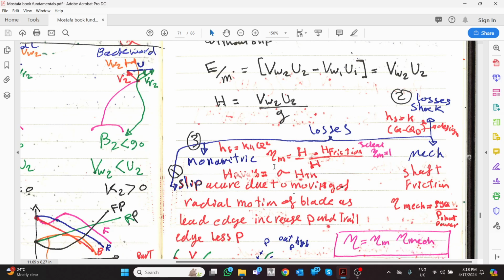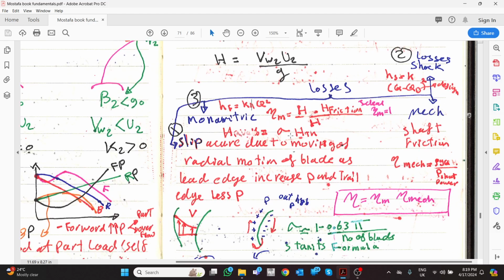We're going to discuss what the slip factor is. So this one is the H theoretical. This is the first loss, with K multiplied by Q squared. And also for the friction, it is this one, another K, multiplied also by Q squared.